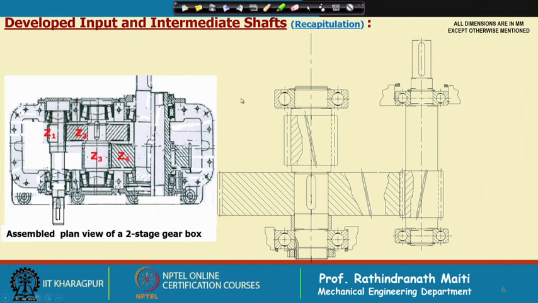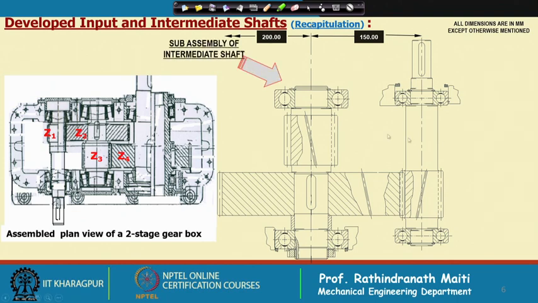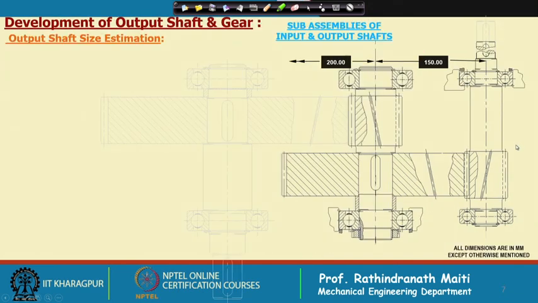So this means that if you look into this gearbox, this is the intermediate shaft and the input shaft is already developed and shown, and the center distance 150 to 200, that is what we have done. This is the sub assembly of intermediate shaft that we did earlier, and then the sub assembly of input shaft on the right hand side.